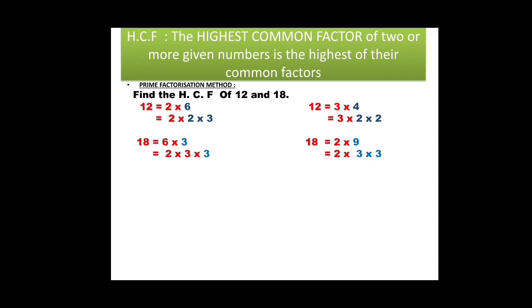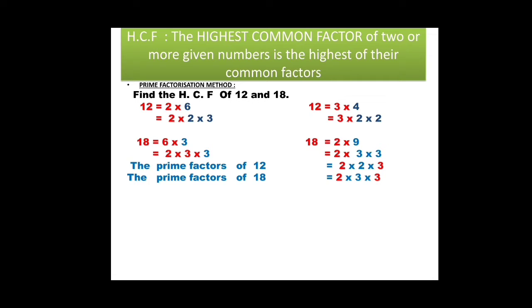Now the prime factors of 12 are 2 into 2 into 3. The prime factors of 18 are 2 into 3 into 3.